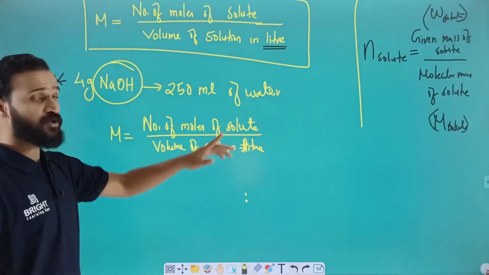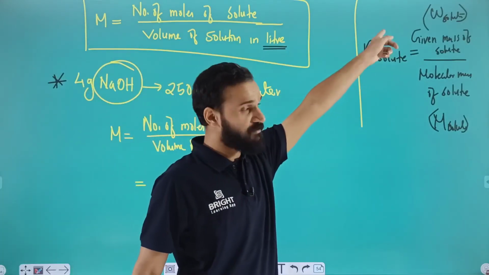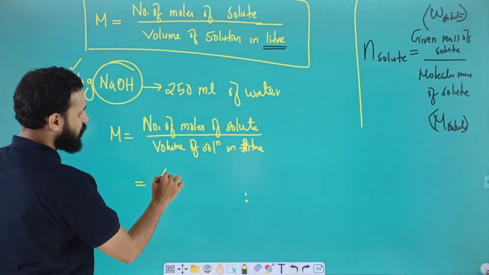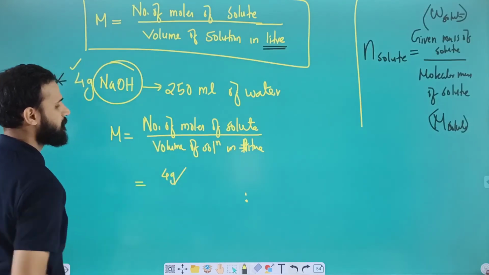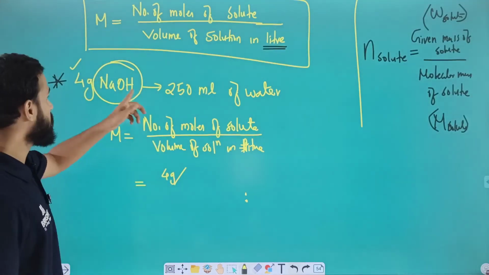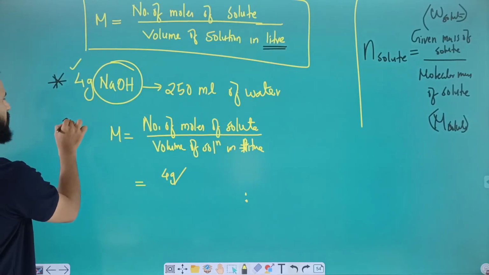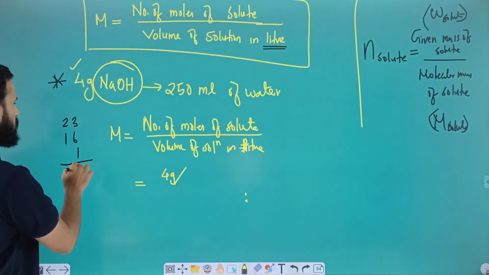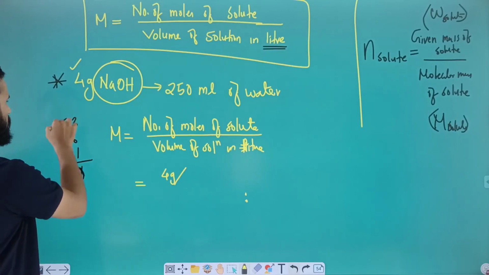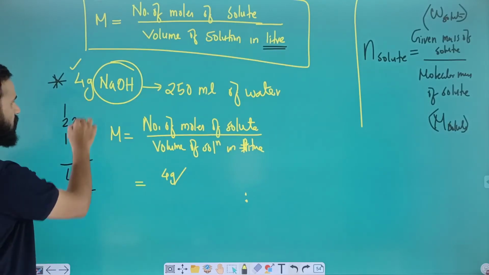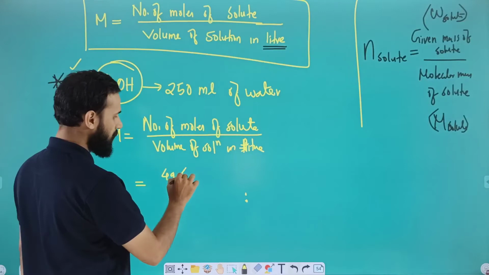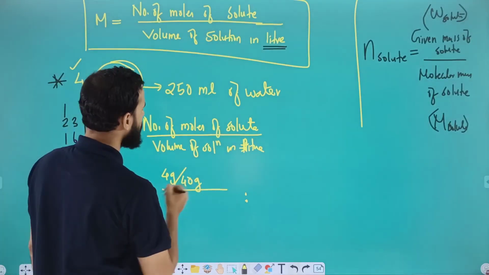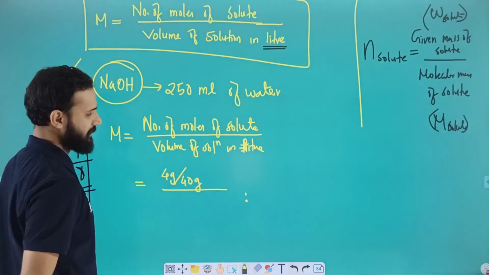How can we calculate the number of moles? Given mass divided by molecular mass. The given mass is 4 gram. Sodium has atomic mass 23, oxygen is 16, hydrogen is 1, so 40 is the molecular mass of NaOH. So 4 gram divided by 40 gram, divided by the volume of solution in liter.